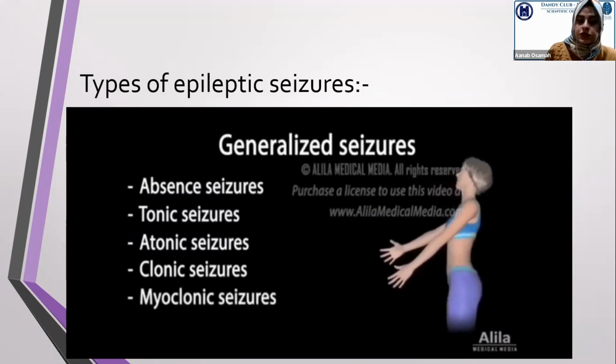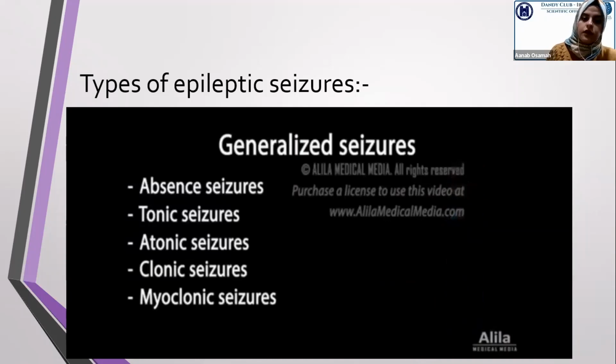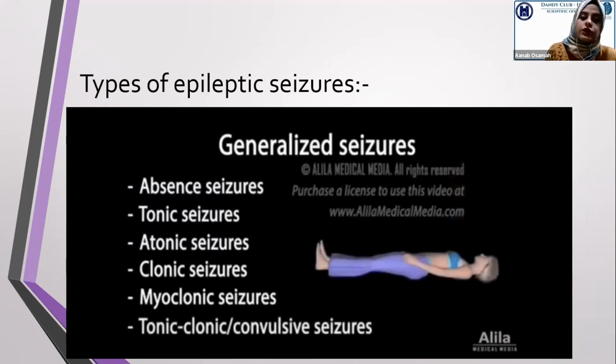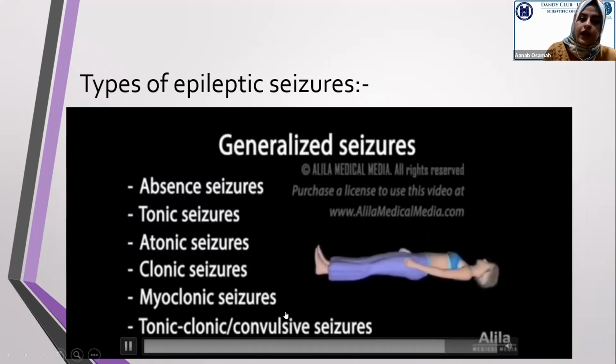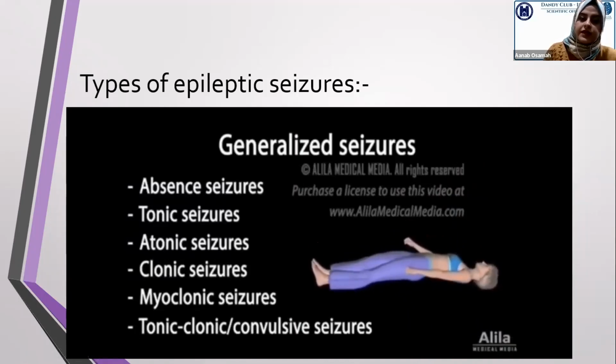Myoclonic seizures also have jerking movements, but in the upper limb only. The most important type is the tonic-clonic seizure, with an increase in tone and repetition of jerking movements, as we see here. And this type is the one we will deal with when we use vagus nerve stimulation therapy.